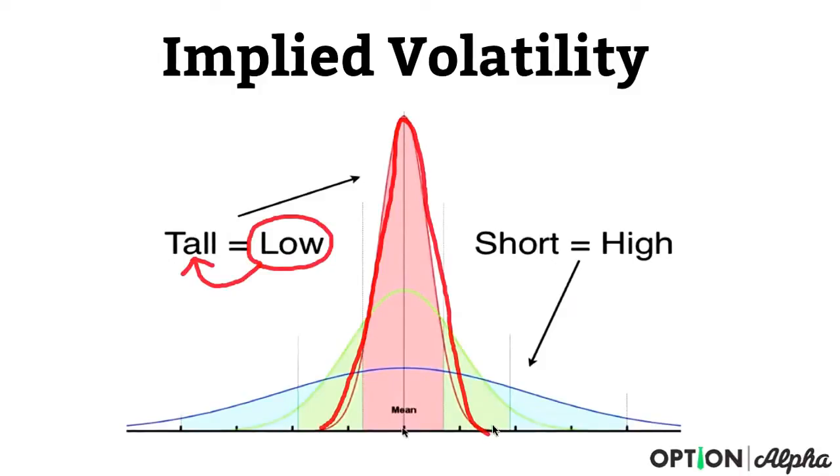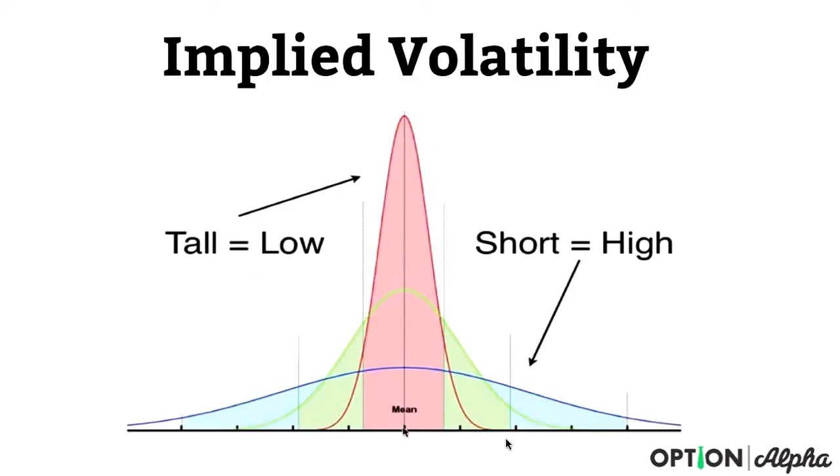So instead of movements all the way out here, now the extreme movements, or the kind of 3 standard deviation moves, are much, much closer to the mean of the stock. Again, our standard deviations have moved in from a further out area. So the implied volatility in the stock is lower, and that means that the likely range of the stock going forward is going to be much smaller. It's not going to have the greatest magnitude of movement.